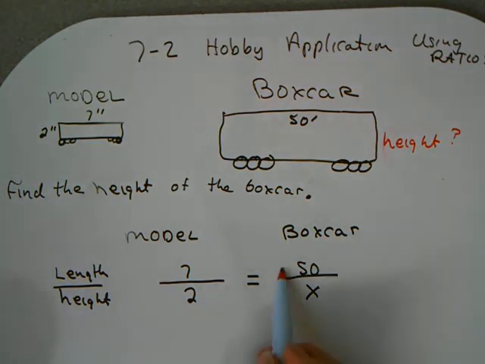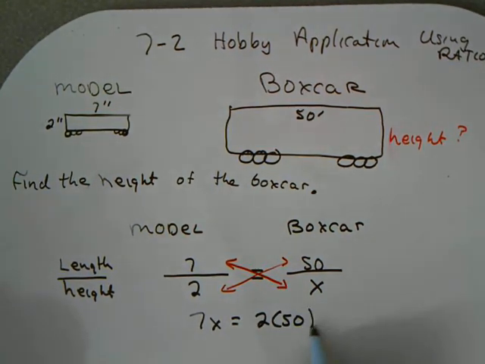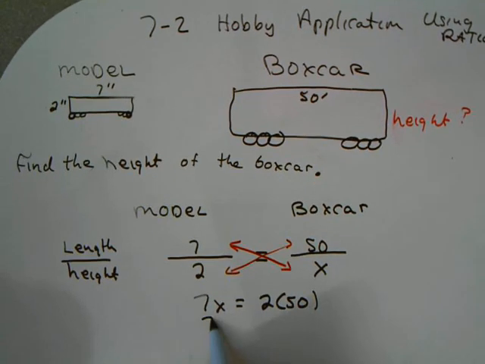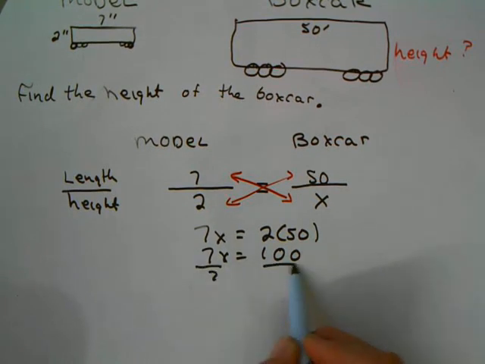So now once you get something like this, you just use your cross product. I'm going to write 7 times x equals 2 times 50. And easy enough, we recall solving proportions. 7x equals 100 then. And I can divide by 7 to get x equals, 7 goes into a 10 once, 3 left over. 7 will go into 34 times, that's 28.